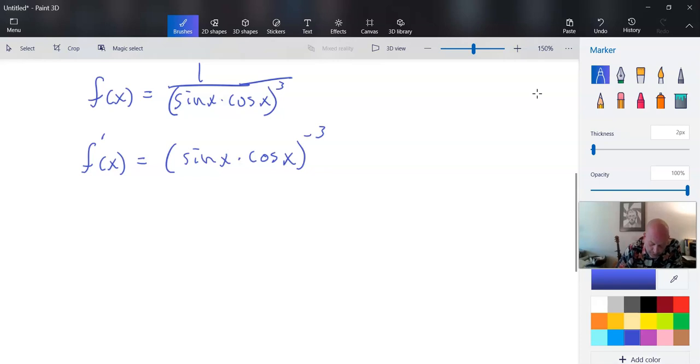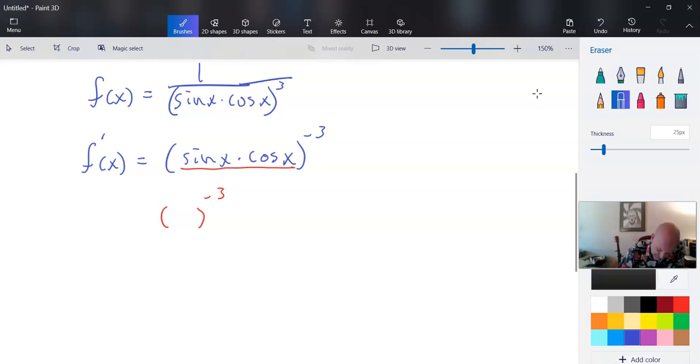So what we want to do then is we have an inside, and I'm going to call this piece the inside, sine times cosine. And then we have an outside piece, which is the whole something to the negative third. The derivative of the outside would be just to bring down the negative 3 and reduce the power by 1.